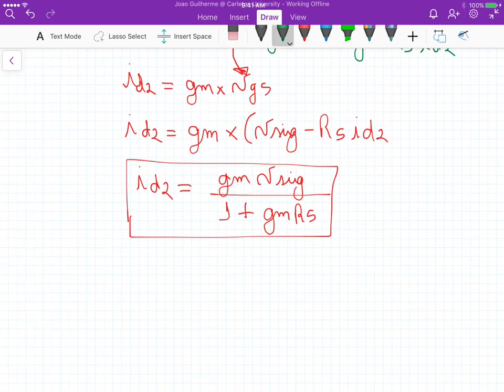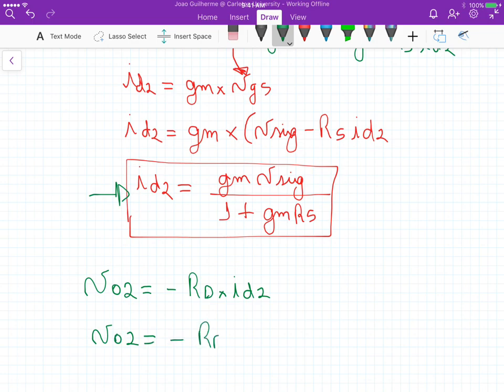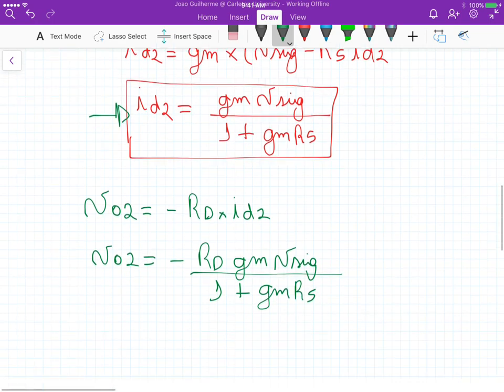So in this case, Vo2 is equal to minus RD times ID2. And ID2 we know here. So Vo2 is equal to minus RD times gm, this signal, divided by 1 plus gm Rs.